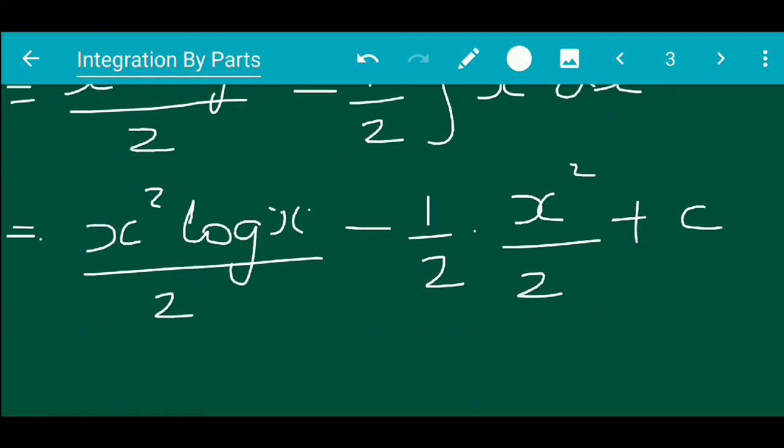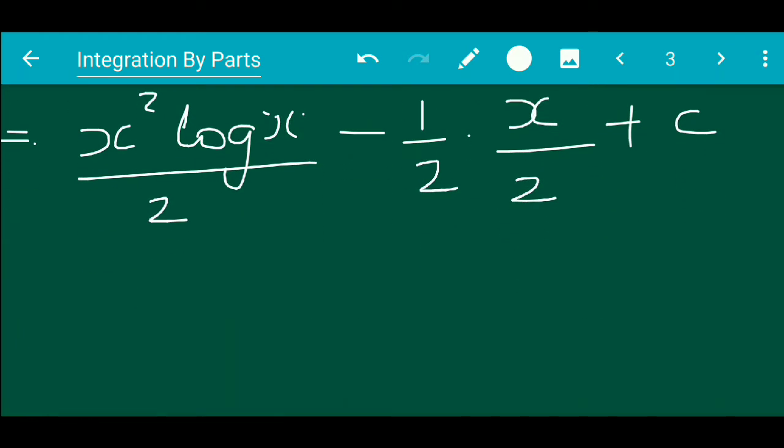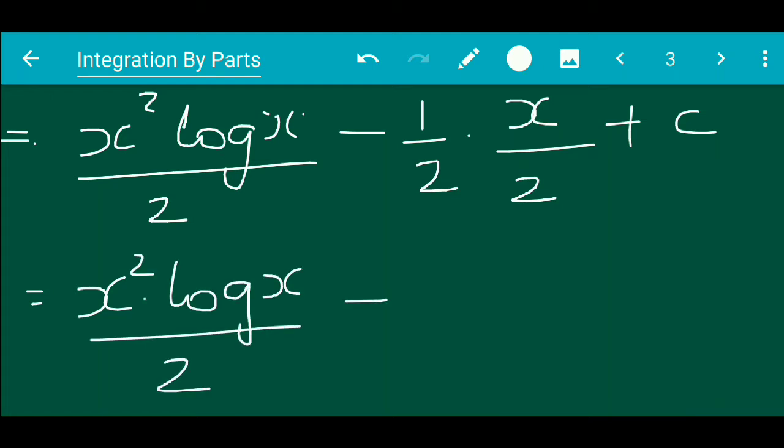The sum is over, but then it has to be simplified and written in a proper manner. So, we simplify it this way, that is it becomes x square into log x upon 2 minus x square upon 4 plus c. So, this becomes the answer to the sum.